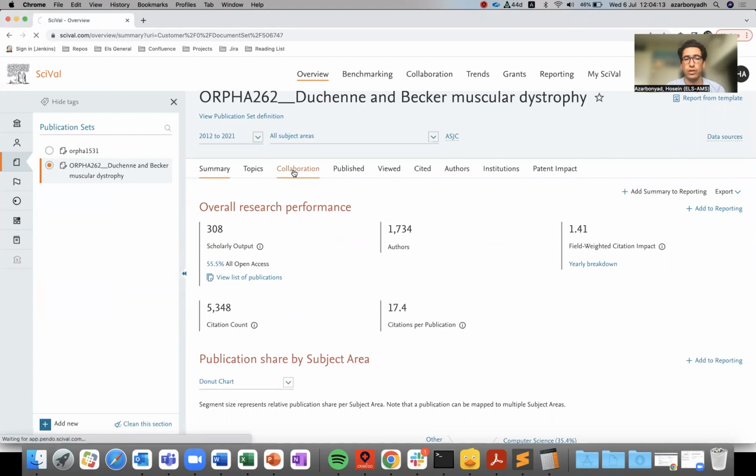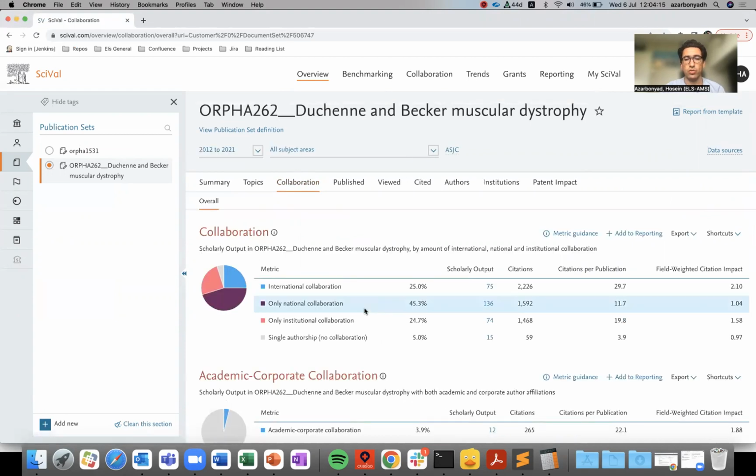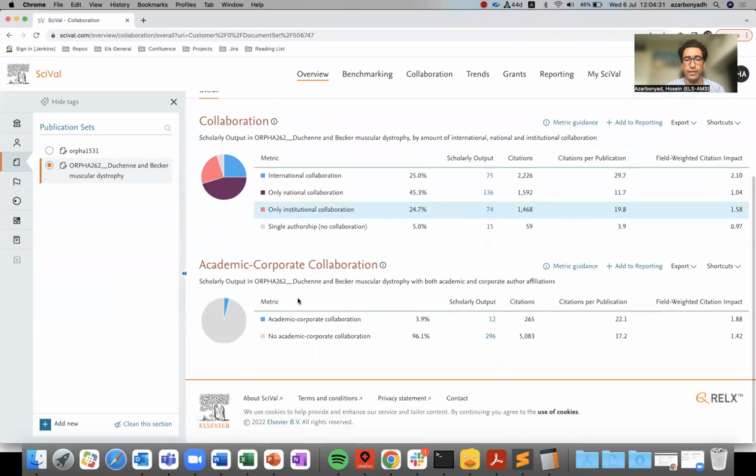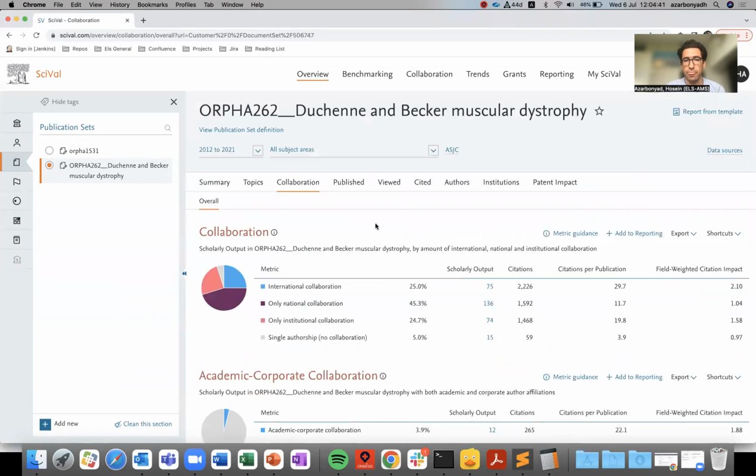If we go to the collaboration part, you can see the different kinds of collaborations on this disease. A big portion is only national collaboration, and there is some international and some institutional collaboration, and only a small portion of the articles are academic or corporate collaboration.